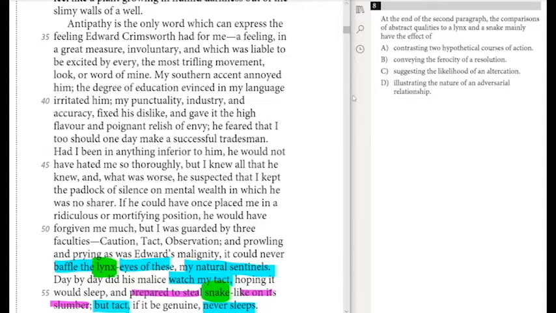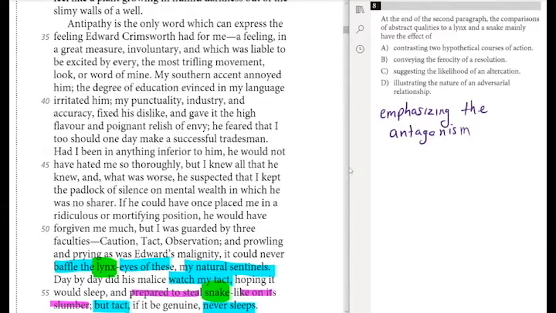So in our own words, we're going to say that the metaphor of the lynx and the snake has the effect of emphasizing the antagonism between them. This was like a war, and they were both in the trenches, waiting to shoot each other. And the answer choice that matches that is choice D, illustrating the nature of an adversarial relationship.